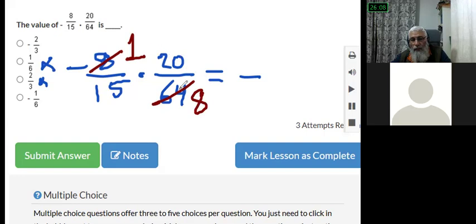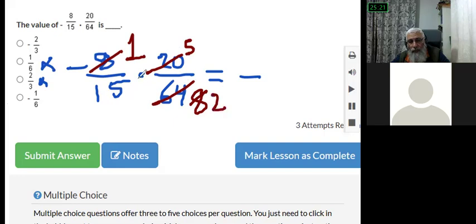And 20 and 8, can we divide them by 4? 20 and 8 can be divided by 4. 20 divided by 4 is 5, and 8 divided by 4 is 2.